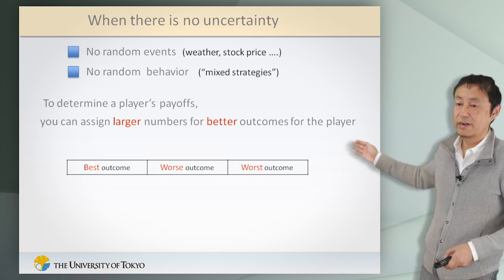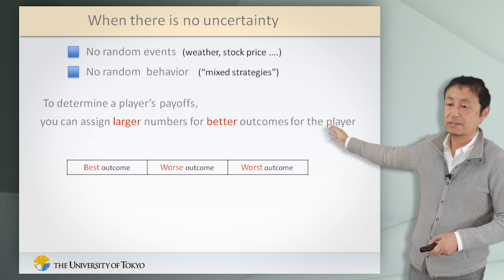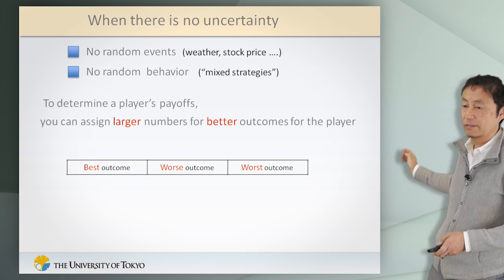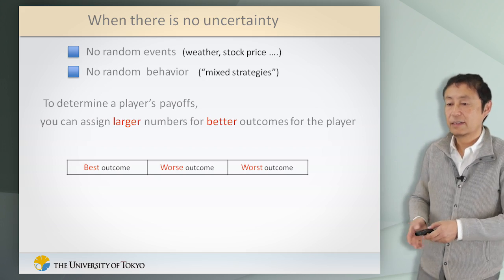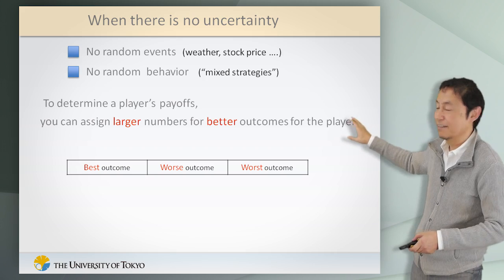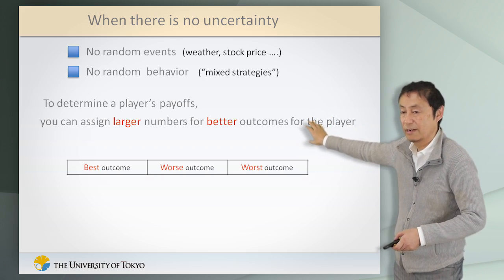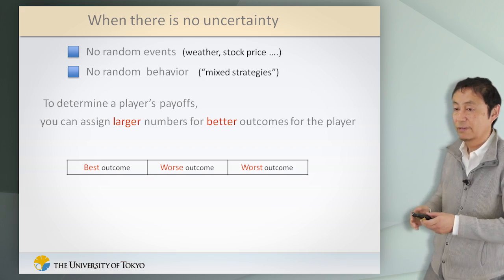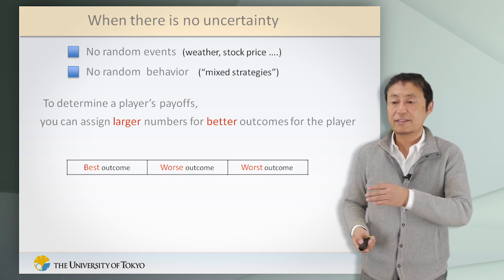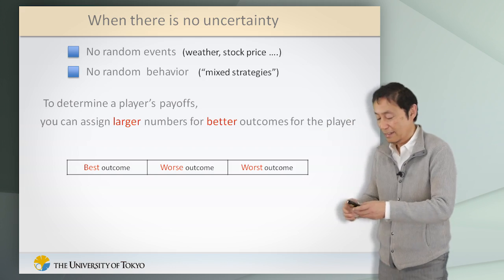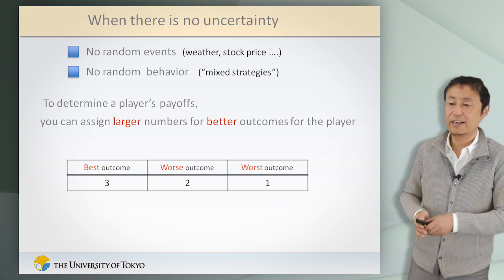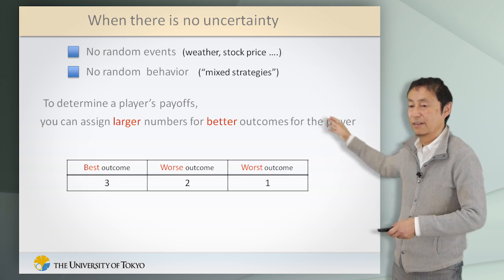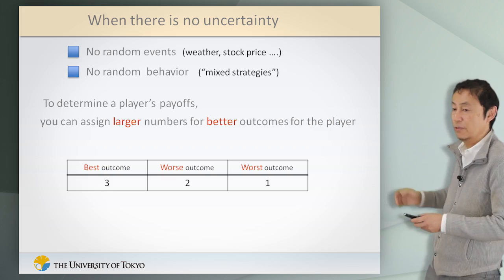Let's suppose the game has 3 outcomes: best outcome, middle outcome, and worst outcome for you. Your task is to assign a payoff to the best outcome, a payoff to the middle outcome, and a payoff to the worst outcome. Well, you can assign a larger number for a better outcome. So one way is 3 for best, 2 for the middle, and 1 for the worst.